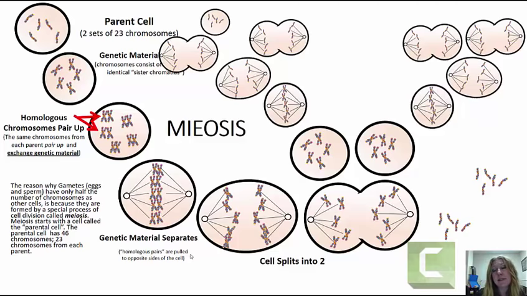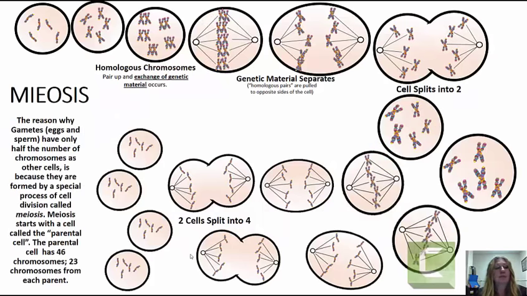Now, in your gametes, something different happens. You have something called meiosis. In meiosis, it's kind of like two rounds of mitosis, if you will. You still start off with just one parent cell, but this time something quite different happens.